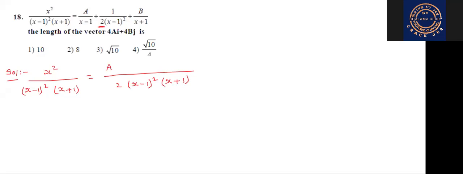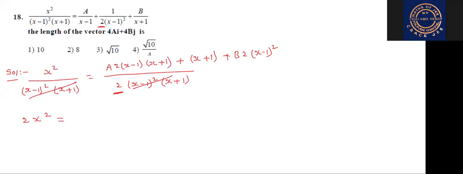A into 2 into (x minus 1) into (x plus 1) plus 1 into (x plus 1) plus b into 2 into (x minus 1) whole square. Here observe that these two terms cancel except 2. This is not cancel. Send to left hand side.